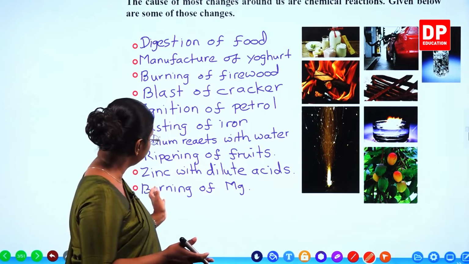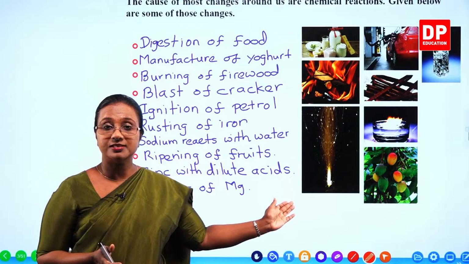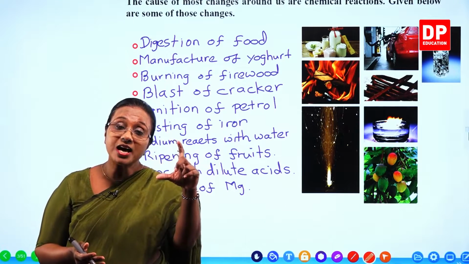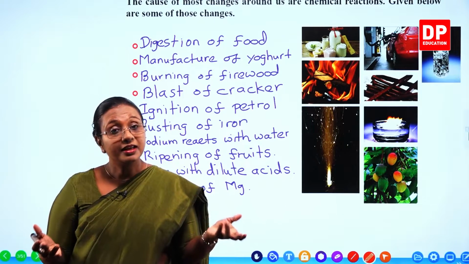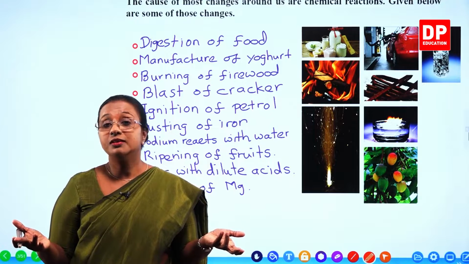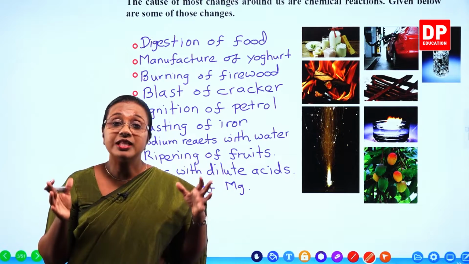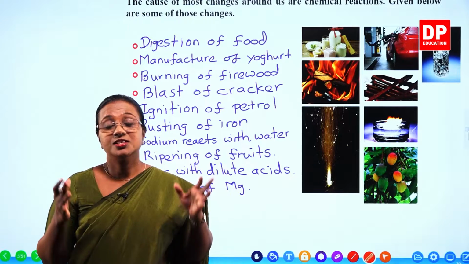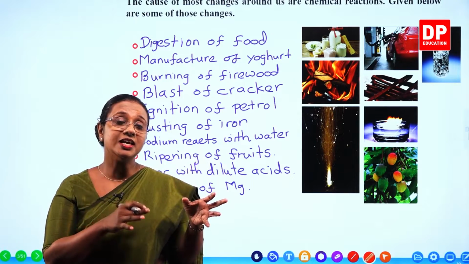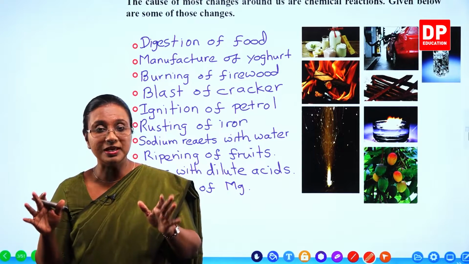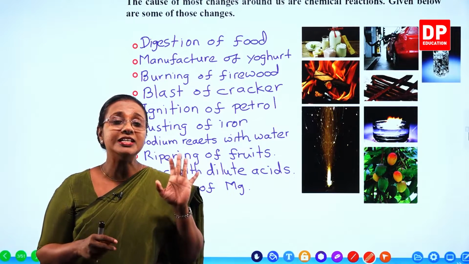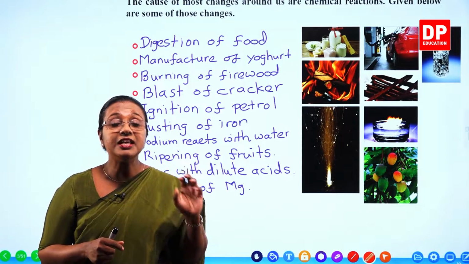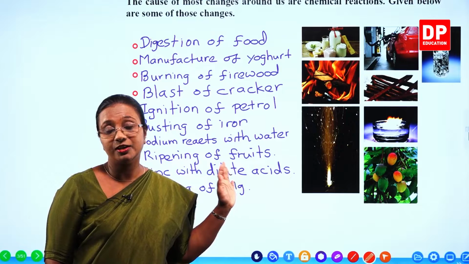Now, if you remember when I said zinc with dilute acid, I said depending on the size of the zinc, it will be over within about 10 to 15 minutes. So there I am not giving you a quantitative idea. Just qualitatively, I am saying, okay, this will be fast, this will be slow. So it doesn't give definite information about the rate of reaction.